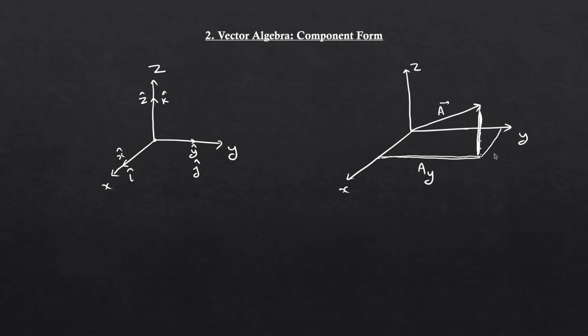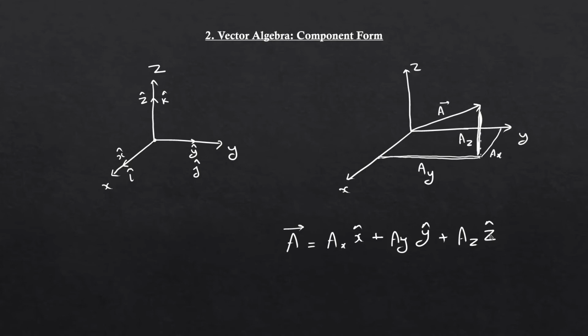This line is parallel to x, this will be ax, and this line is parallel to the z direction, this will be az. So this vector can be represented as ax in x cap direction, plus ay in y cap direction, plus az in z cap direction. This is the dissociated form of a vector in the coordinate system.